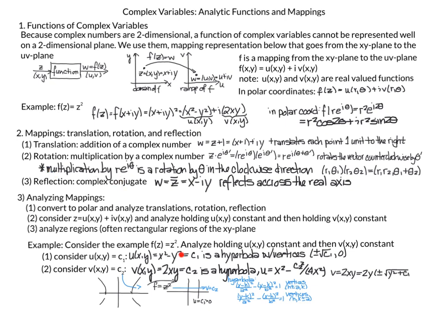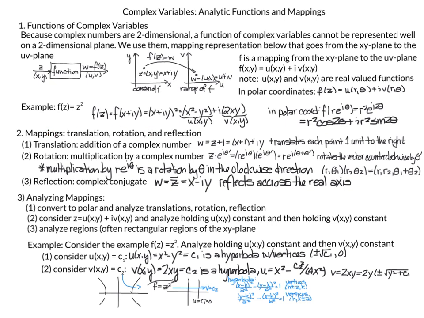What we are going to do in this video is analyze different mappings. We'll look at this by example. The three common ways of analyzing a mapping are, first, to convert to polar coordinates and analyze translations, rotations, and reflections.